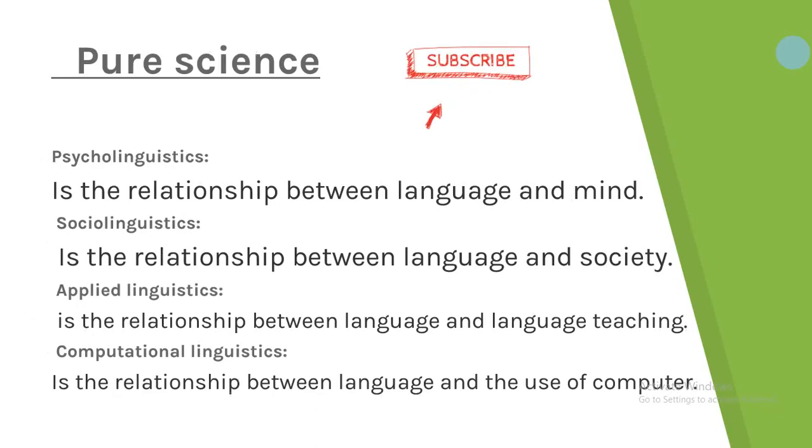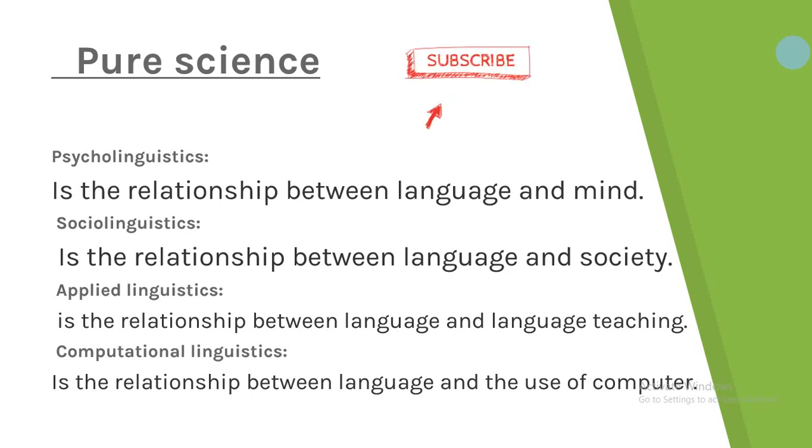So next one is pure science. Psycholinguistics is the relationship between language and mind. Two objects here, language and mind. Sociolinguistics is the relation between language and society.